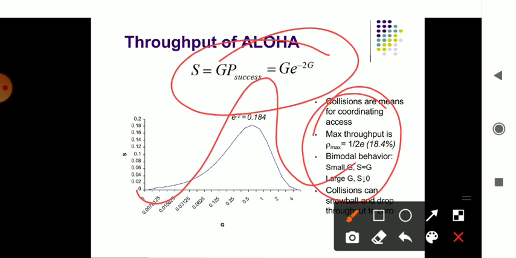Okay, so you remember what is aloha? Aloha is within the LAN and it considers the number of frames and the probability chances of frames reaching the destination. Okay, so that is the concept of aloha which is considered in the network aspect, in the MAC aspect.